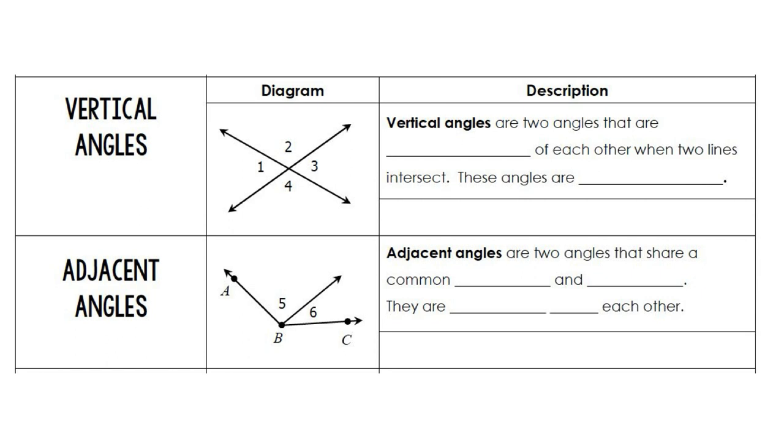Now we have different types of angles. So we have vertical angles. Vertical angles are 2 angles that are across from each other when 2 lines intersect. These angles are congruent.